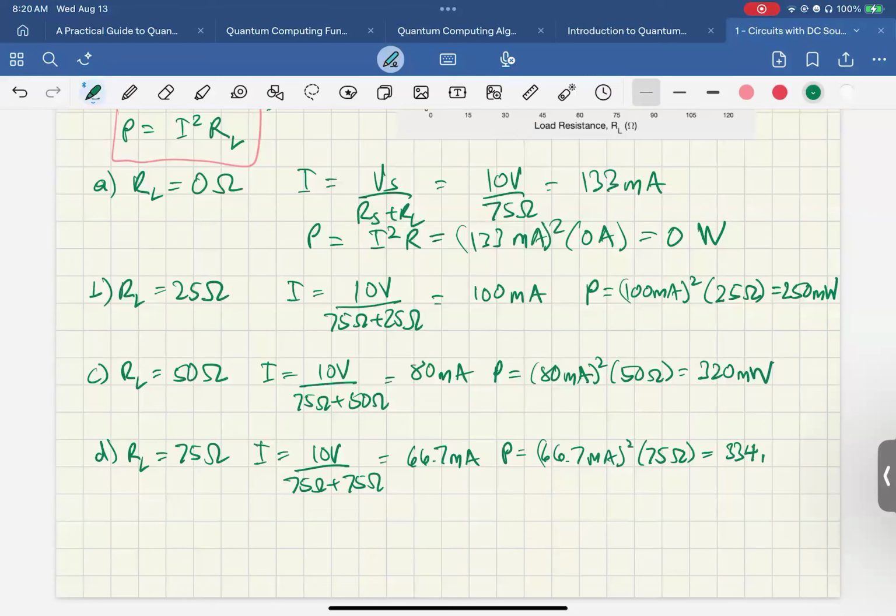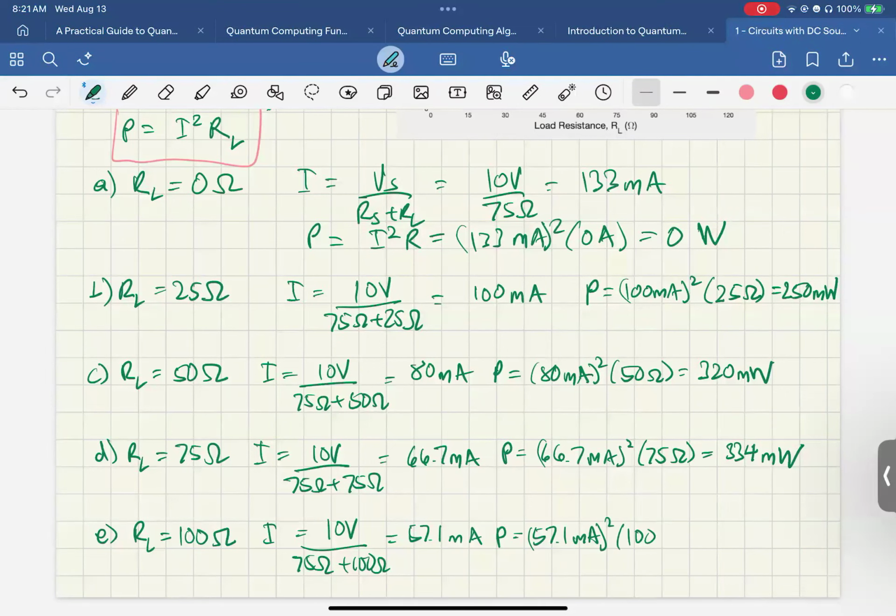And if you increase yung load resistance further, so let's say 100 ohms, yung current is 10 volts divided by 75 ohms plus 100 ohms. And this is equal to 57.1 milliamperes. So the power in this case is 57.1 milliamperes squared times 100 ohms, equal to 326 milliwatts.